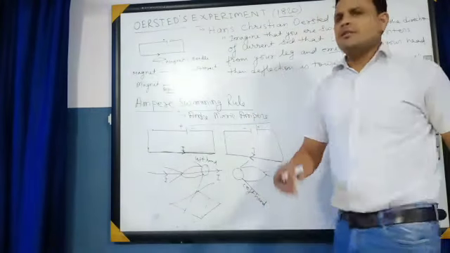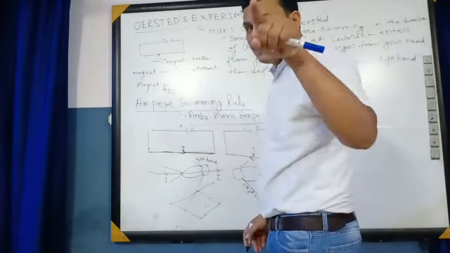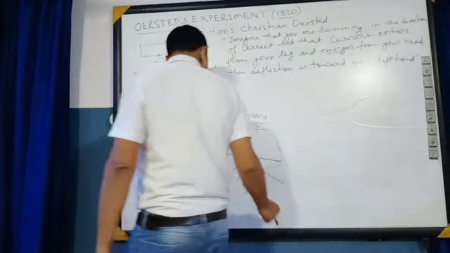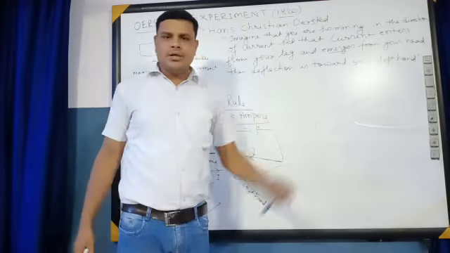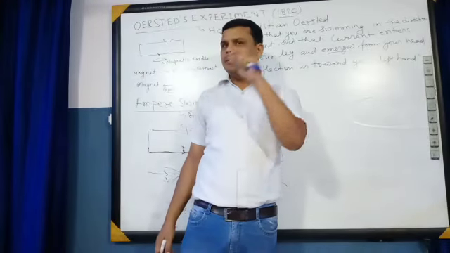If the current is passing from right to left, then deflection is toward you, left hand only. Deflection will always be toward the left hand. This is known as Ampere swimming rule, because the scientist Andre-Marie Ampere gave this rule.